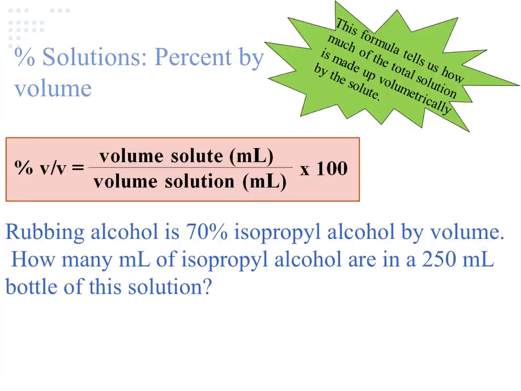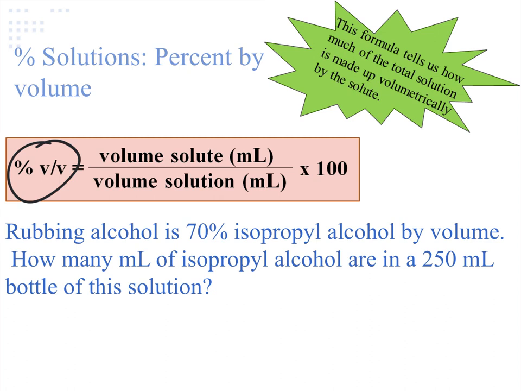There are other ways that different sciences actually calculate concentration, and chemistry will use molarity almost exclusively. Sometimes we'll use percents, and there's a few different ways to calculate percent. This first one is percent volume by volume. So what you would do is you take the volume of your solute, meaning these are two liquids you're putting together, volume of your solute divided by the total volume of your solution.